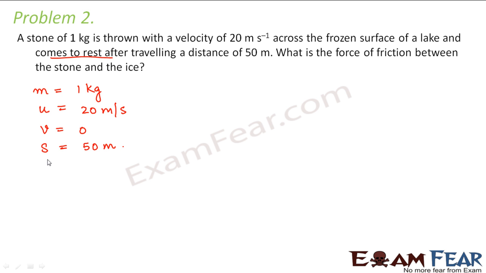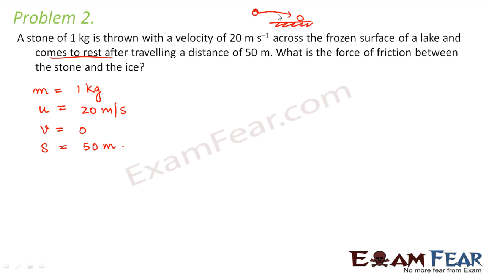What is the force of friction between the stone and the ice? Now when will your stone come to rest? Let us suppose this is the ice and this is your stone. When you throw the stone, it falls here and it comes to rest. Why does it come to rest? Because of the force of friction. So when will it come to rest? When the force of friction becomes equal to the force which is acting on this stone.